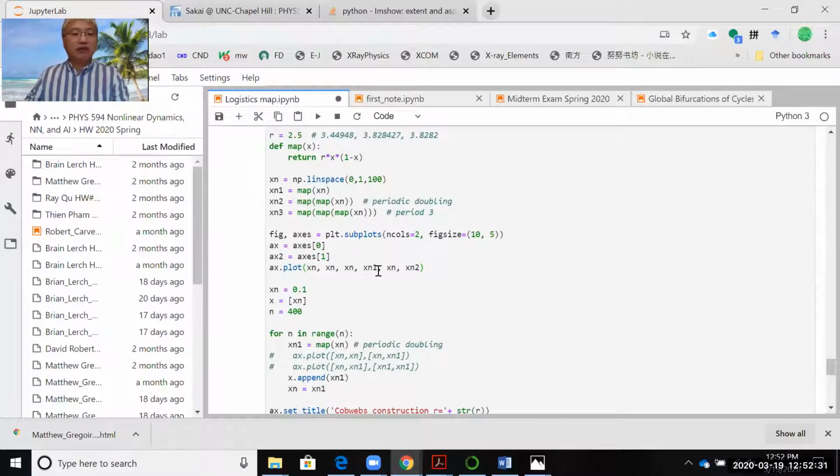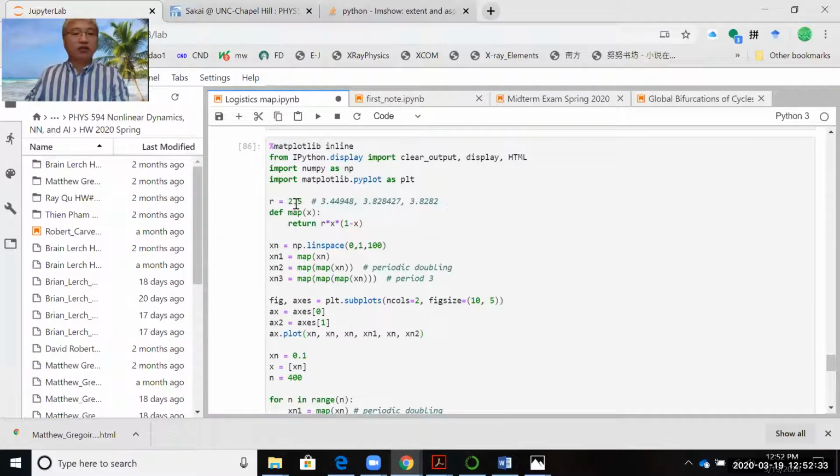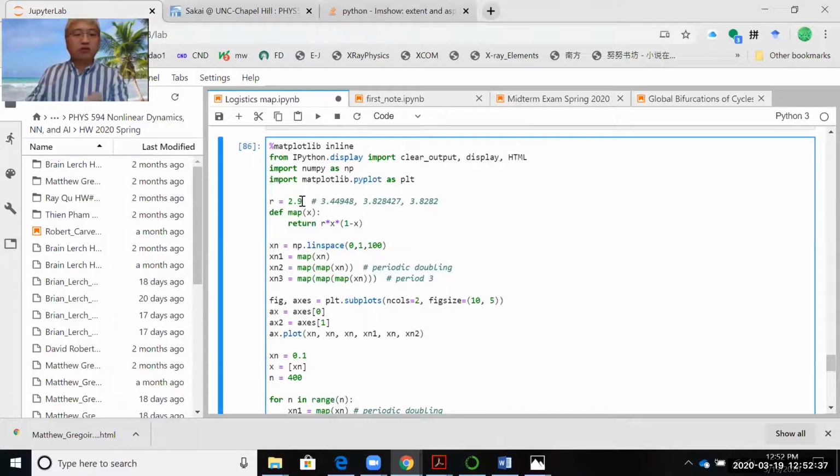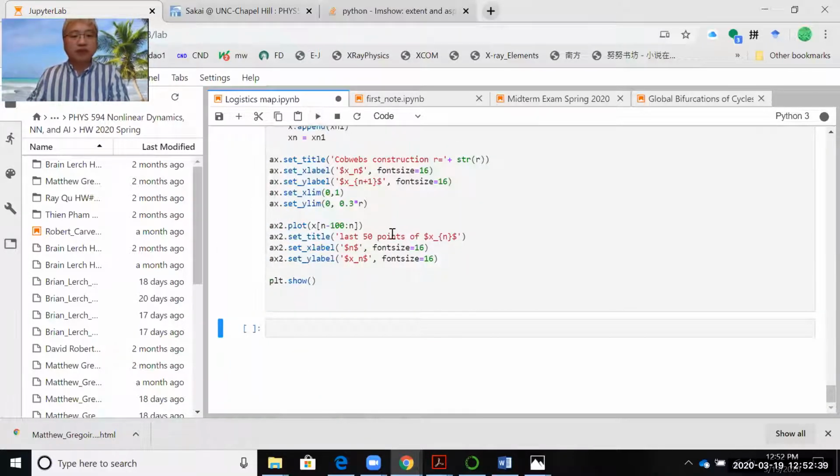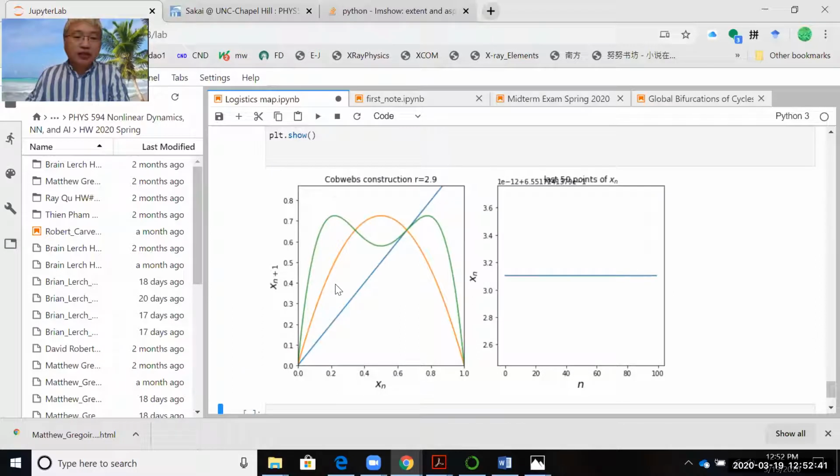Now, if I change it to, for example, close to 3, then you can see this f squared map is now developing a slope here, which is very close to 1. Once it crosses 3, it bends this way, here bends this way, and you're going to develop two new fixed points.